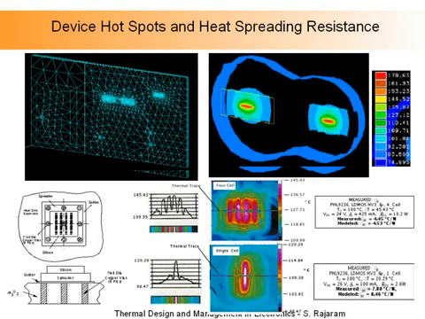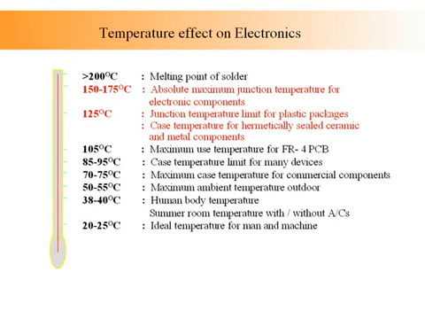All right, so what are the temperature effects on electronics? Typically, of course, we are familiar with the ideal temperature for man and machine. Typically, electronics will be sitting in an environment in the 50 to 55 degrees C ambient. So if you look at the case of that package, normally for commercial components, we would not allow that to exceed 75.